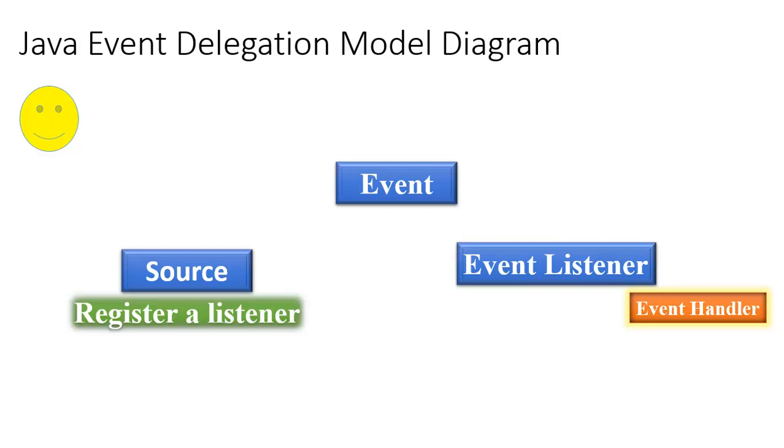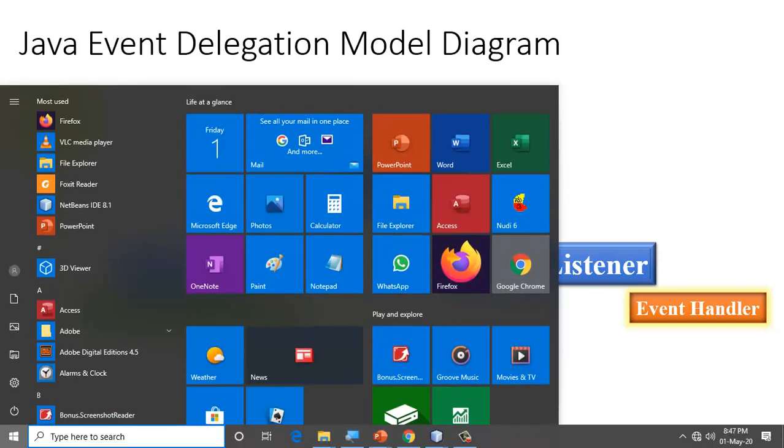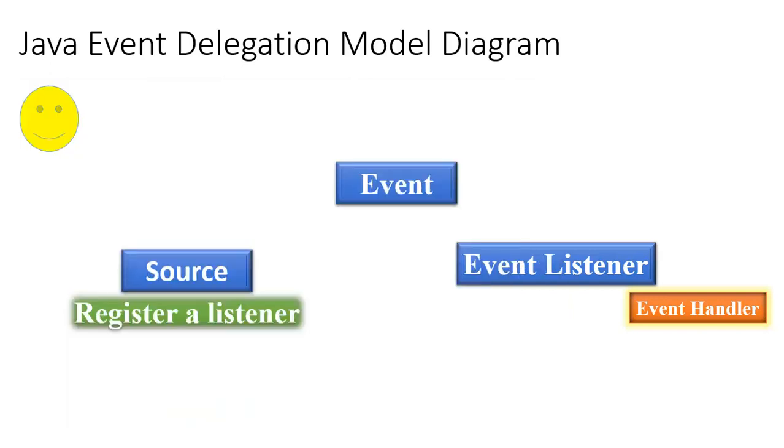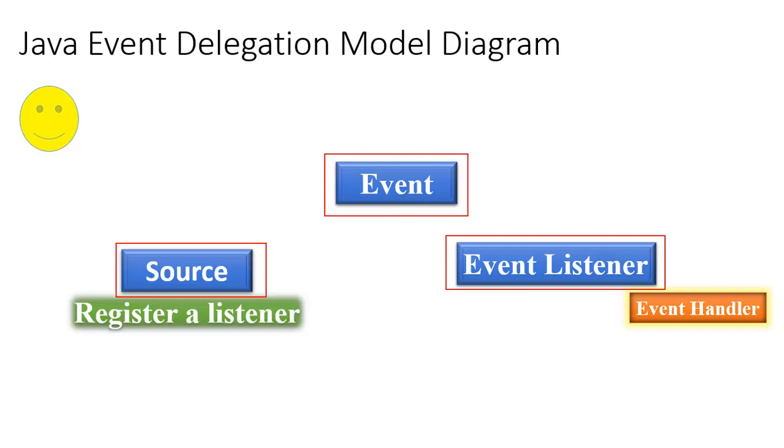Let's look at this in terms of Java. Let's assume that I have an object here called source. I have an object called listener, the event listener, and I have an object event. How does it all work?